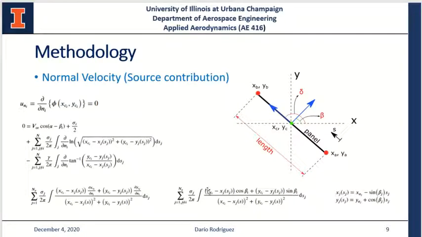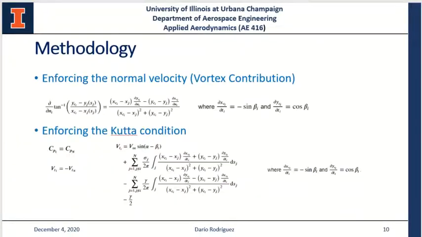Also note that since we are combining both the source and vortex panel methods, the strength of the source is a function of each panel, so it can vary from panel to panel, which is different from what we got here for the vortex contribution to the normal velocity.